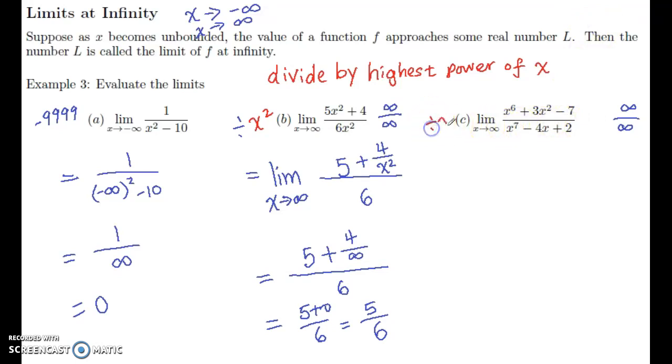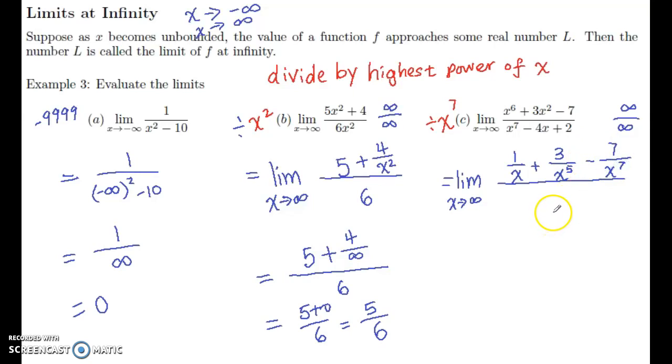So we divide by x to the 7th on the top and the bottom. x to the 6th power divided by x to the 7th power is 1 over x. 3x squared divided by x to the 7th is 3 over x to the 5th power. And subtract 7 over x to the 7th power.